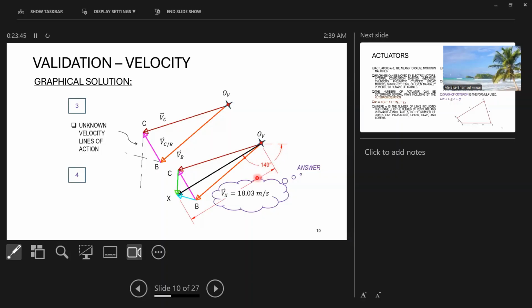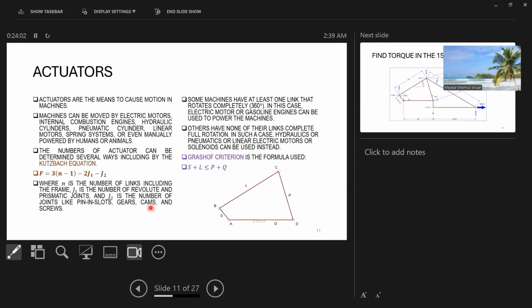So this 149 will be the negative value, negative 149. So if you go in the positive direction, which is counterclockwise, that will be 211. All right.